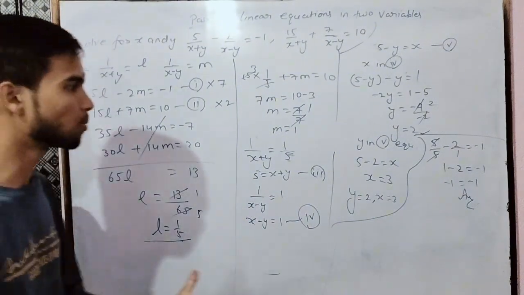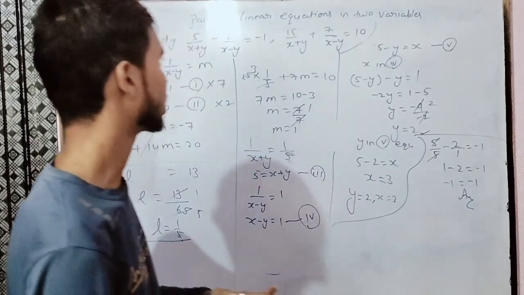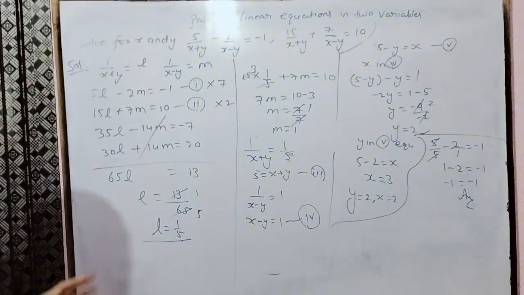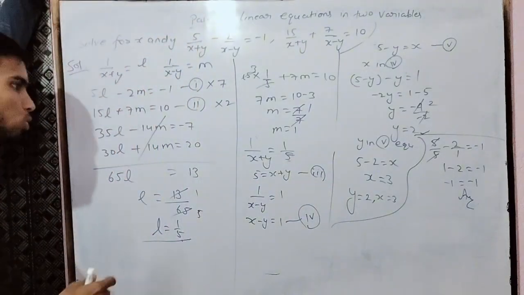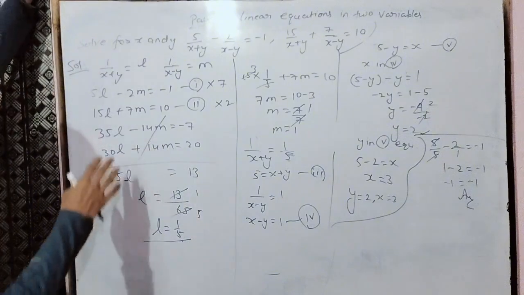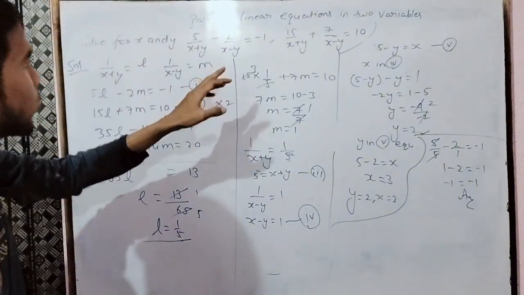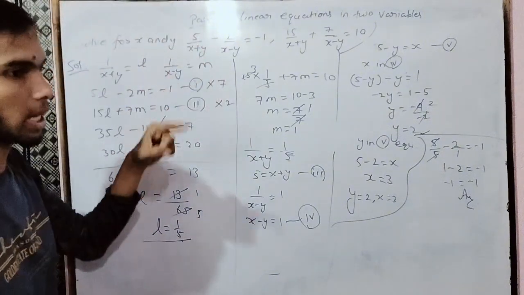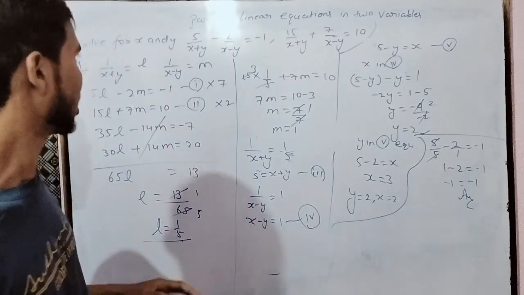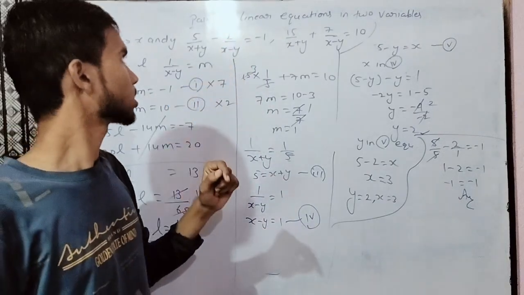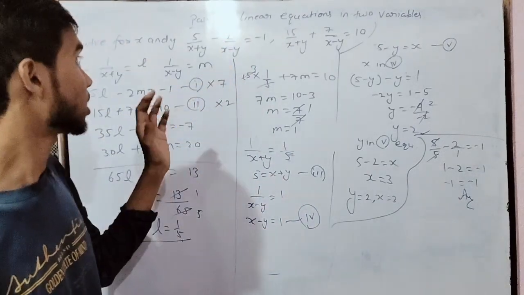So this was a big process to find the value of x and y. That's all. I want to recap this again. First we let 1 upon x plus y as L and 1 upon x minus y as m.